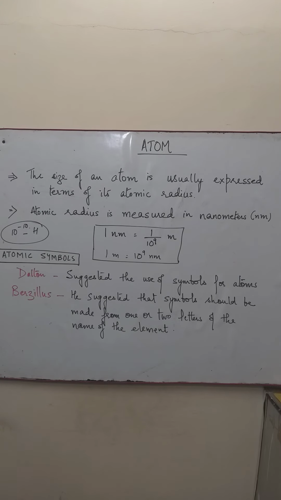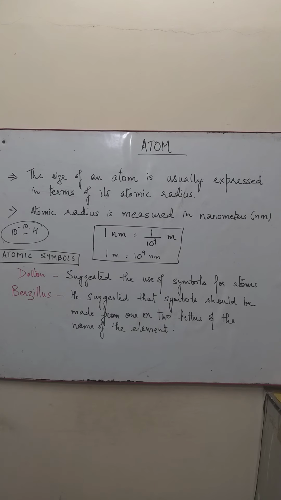Further, a method was devised to identify various atoms, or the various elements. So the concept of atomic symbols arrived, and Dalton was the first to suggest the use of symbols for atoms.